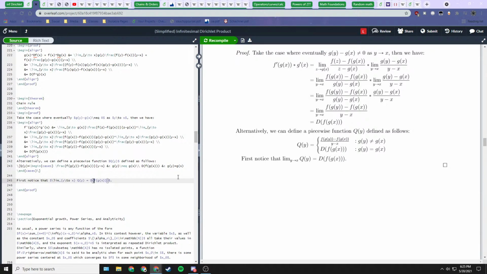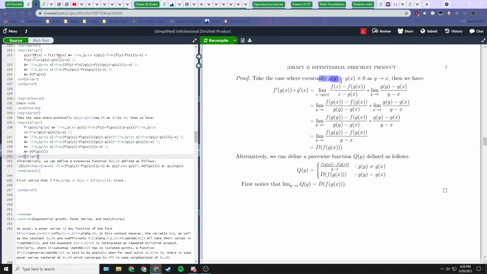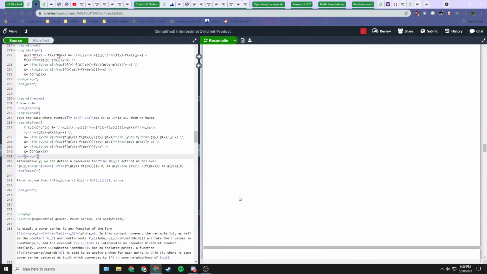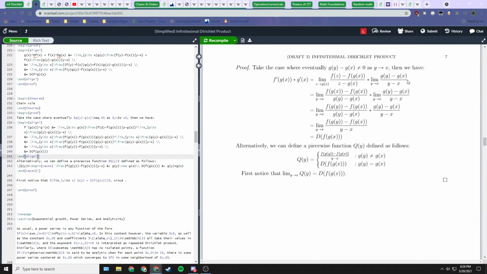The reason this is the case is we can essentially separate this up into subsequences. Actually, let me do it a slightly different way. If we have the case where eventually g of y minus g of x is non-zero, then this whole proof checks out.